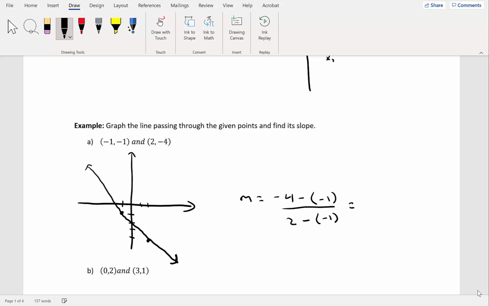And now let's go ahead and simplify. So the minuses become plus, so we have -4 plus 1, all over 2 plus 1. So we get m is equal to -3 over 3, which simplifies into -1. So the slope for this line is -1.